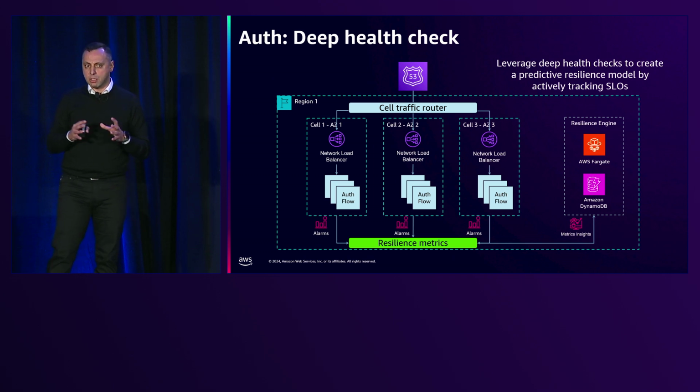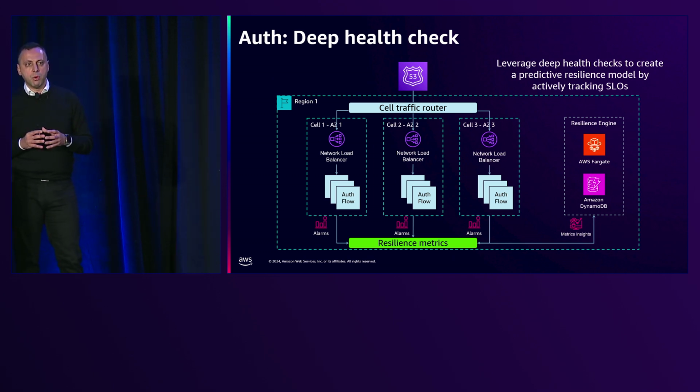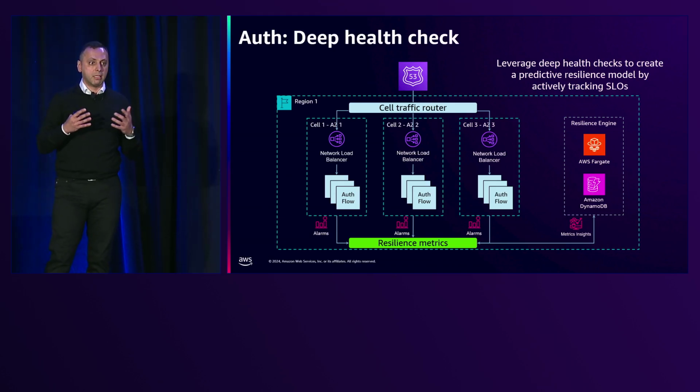As mentioned, this is a critical platform, so we can't afford to wait for customers to notice that these failures are occurring. So we must build a model to predict and understand what's going on in that cell. And before we breach our SLAs, we're able to transfer that traffic away from that impacted cell.